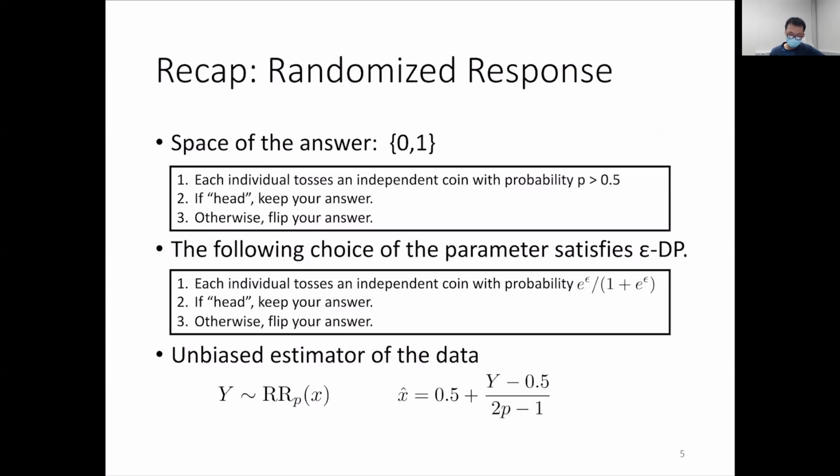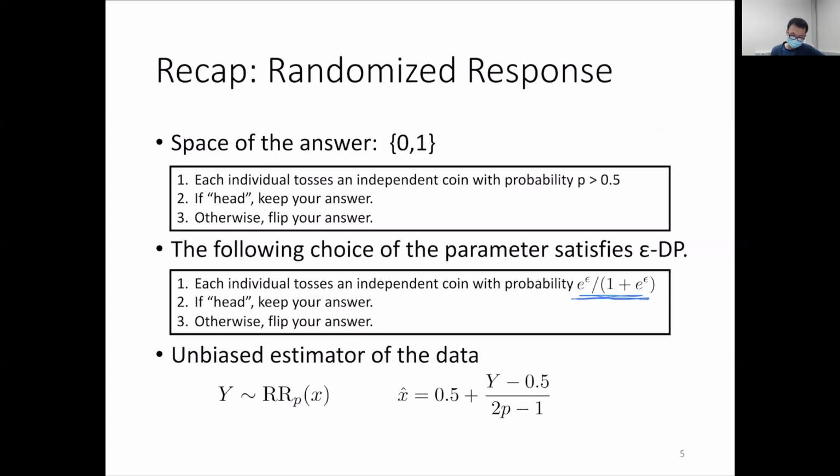So we've shown that this algorithm satisfies epsilon differential privacy when we choose p to be equal to this parameter that depends on a privacy budget epsilon. You can check that this is larger than 0.5 when epsilon is larger than 0.